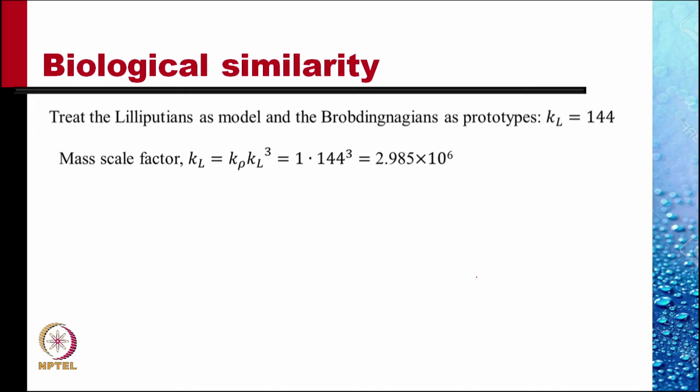The mass scale factor is simple. K rho is K density times K volume, that is K rho KL cubed. And so it's 1 into 144 cubed, 2.985 into 10 to the power 6. So giants would weigh about 3 million times the weight of the Lilliputians.